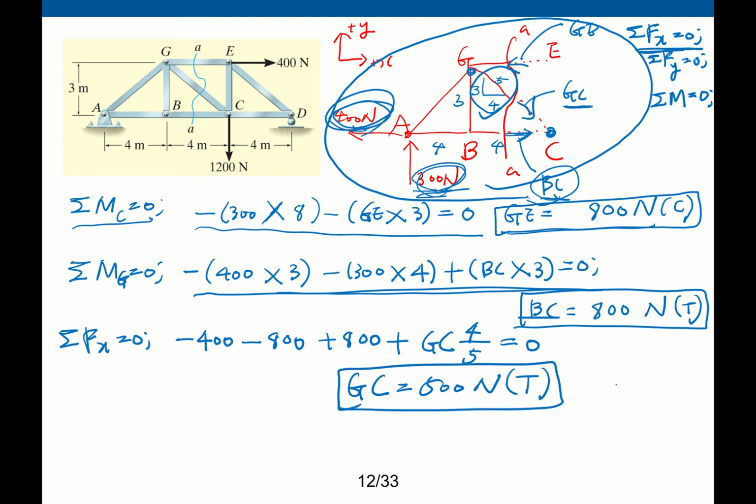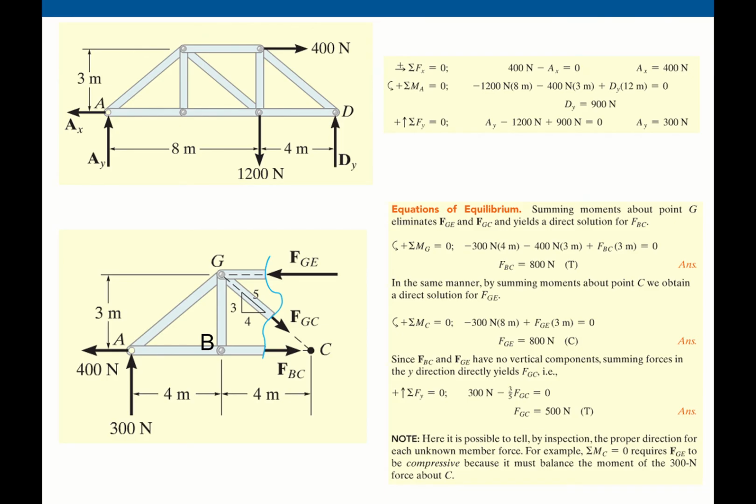So you can check the solution in the next slide. Please review this solution carefully because I'm thinking that this question will appear in the midterm exam too.